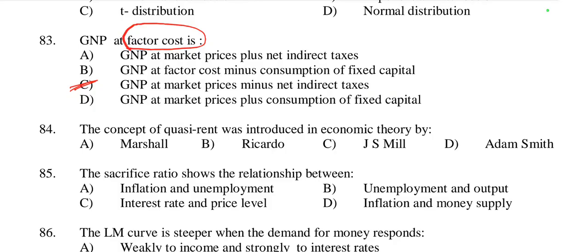If from GNP at market price we deduct the net indirect tax, meaning tax minus subsidy, we get GNP at factor cost. Option C is right here.